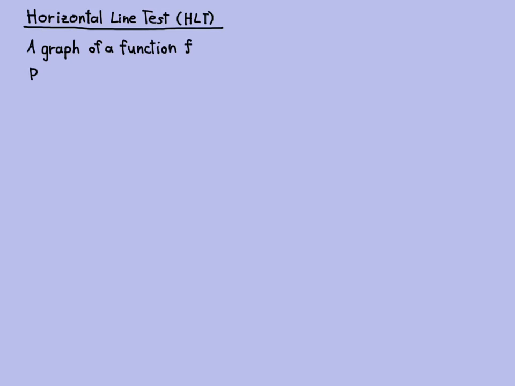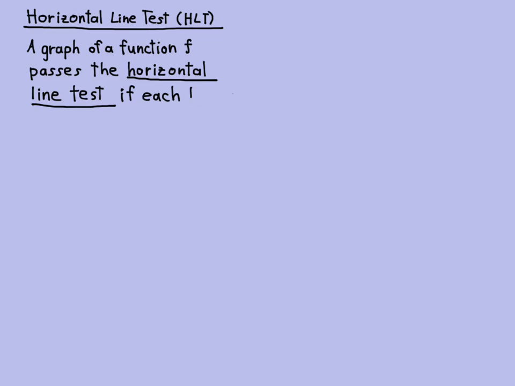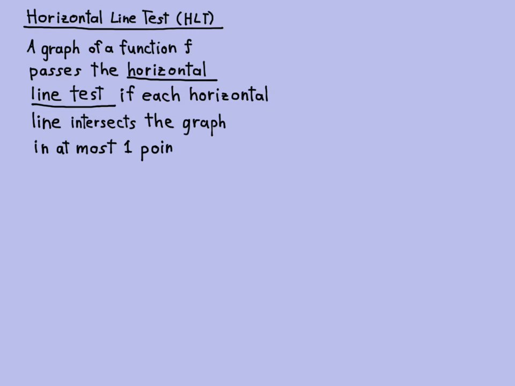So now we're going to do something called the horizontal line test, HLT. It says a graph of a function f passes the horizontal line test if each horizontal line intersects the graph in at most one point.